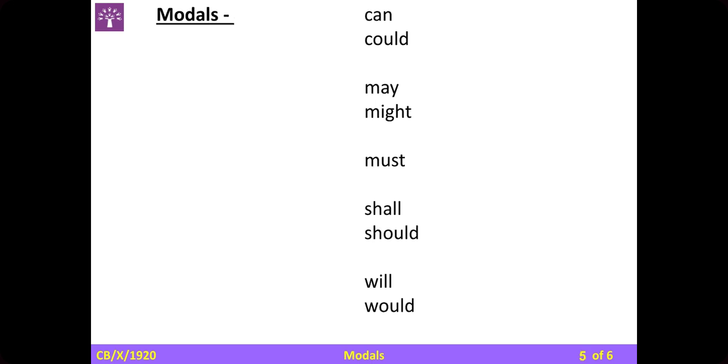As far as knowing their usage is okay, but when we try to remember them, it's very easy if we make a pair of them. For example, can, could, may, might, shall, should, will, would, must. Must I can put in the last or in the beginning as per my wish to learn them. So it's easy if it is in the pair.